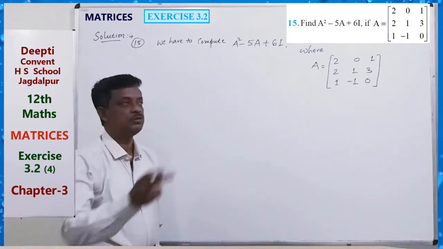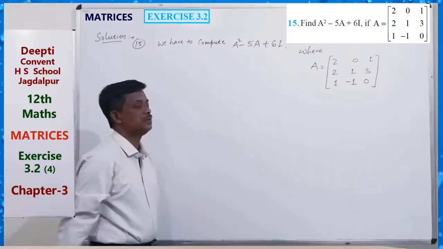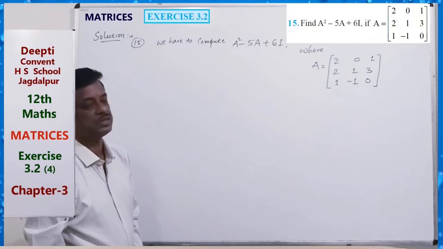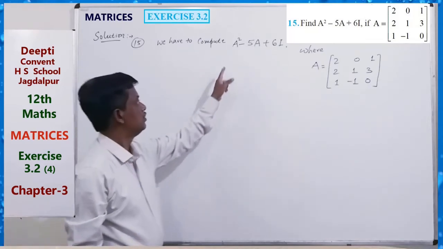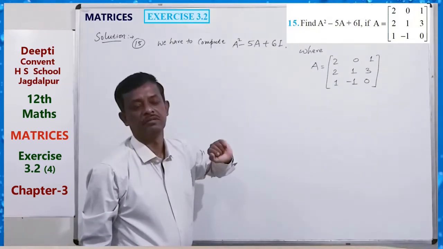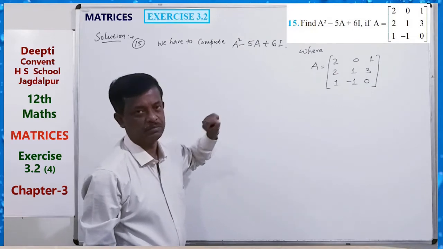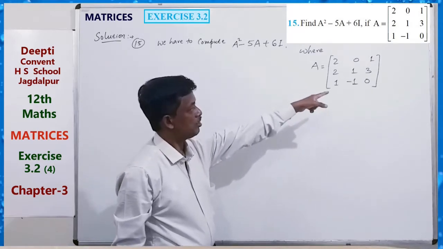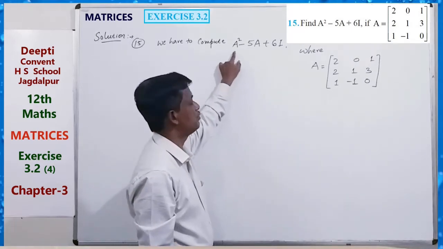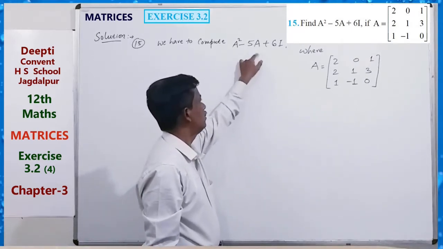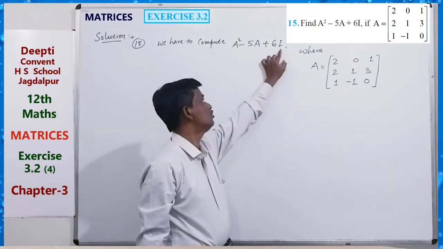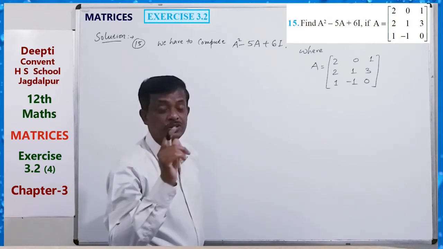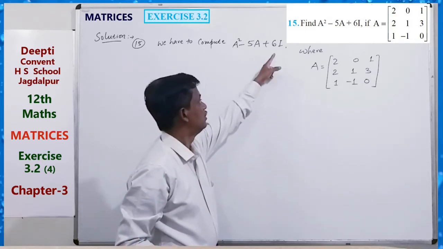We have to compute this matrix polynomial, matrix expression. This is also a matrix, because A is of order 3 by 3, so A square also has order 3 by 3, and 6 into I, the unit matrix of order 3 by 3.